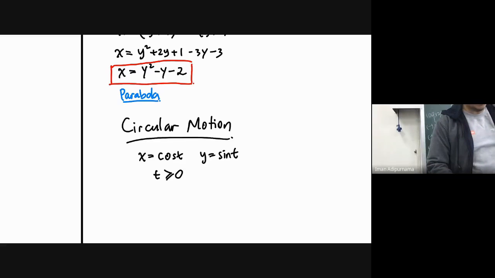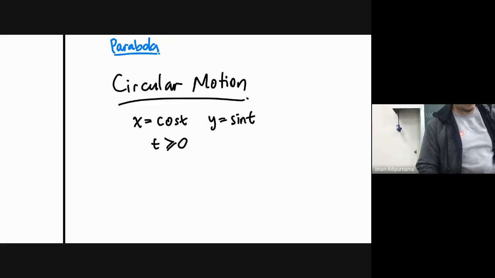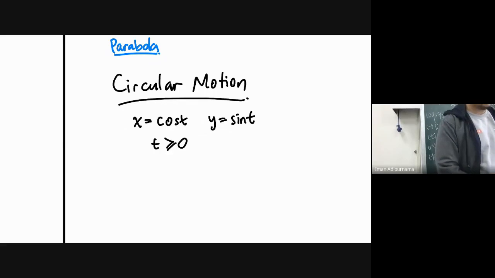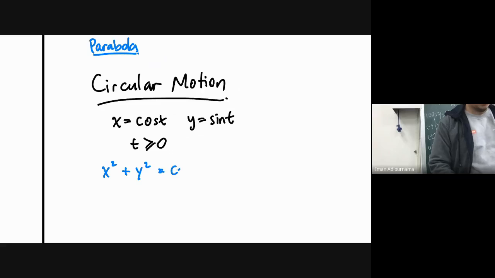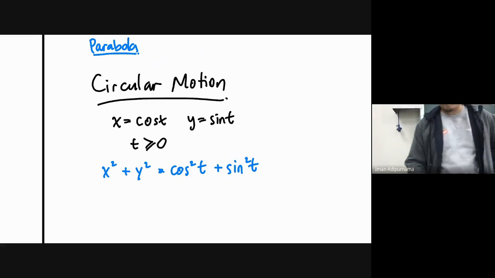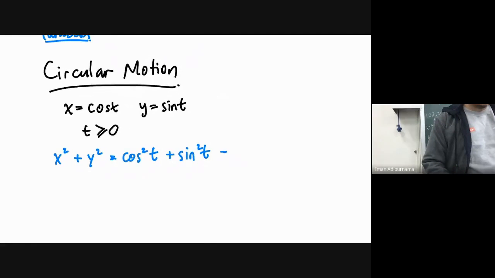But rather than plotting the t into x and y, we can also use eliminating the parameter. We can square, correct? So x squared plus y squared will be cos squared t plus sine squared t, right? Which is equal to 1.